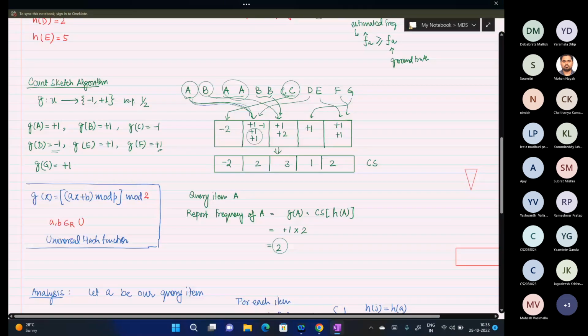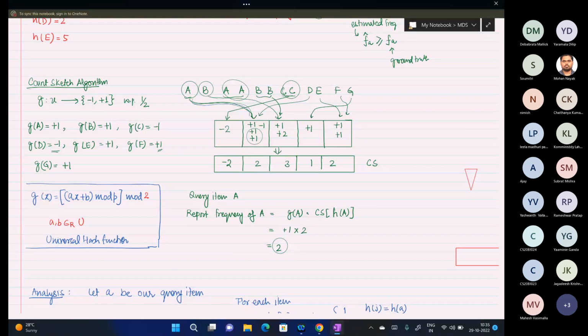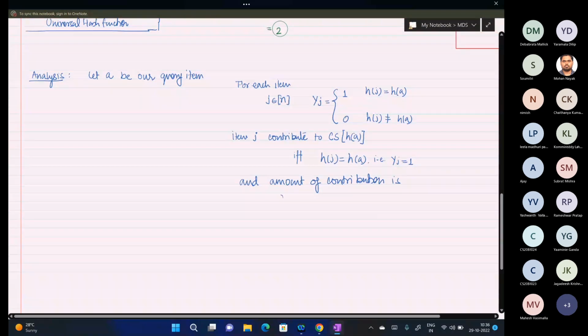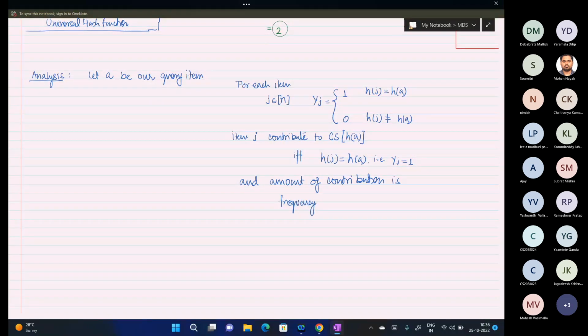Here D is contributing -1. Why -1? Because g of D is -1, right? So basically the contribution is the frequency of that item times g, the output of that function g corresponding to that element j. The amount of contribution will be the frequency of item j into g of j. Is this clear to everyone?